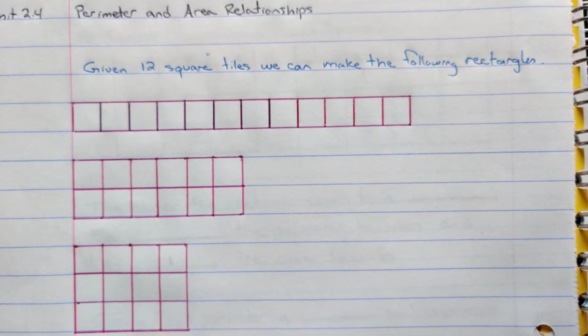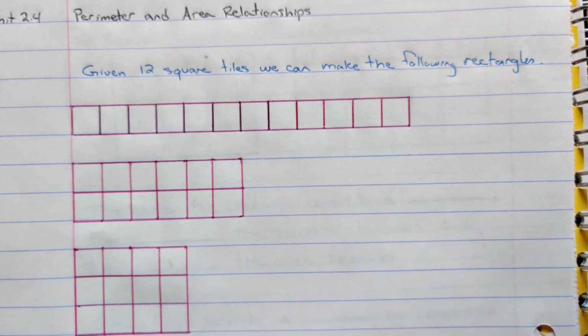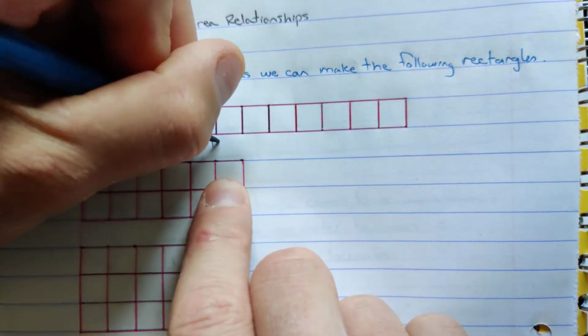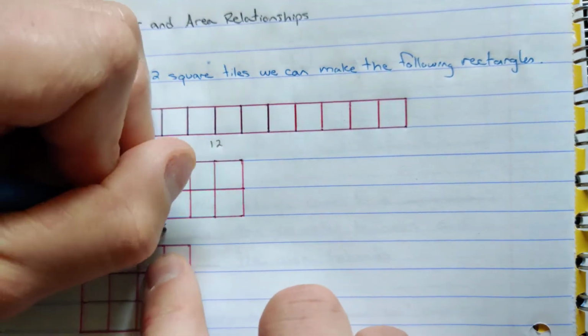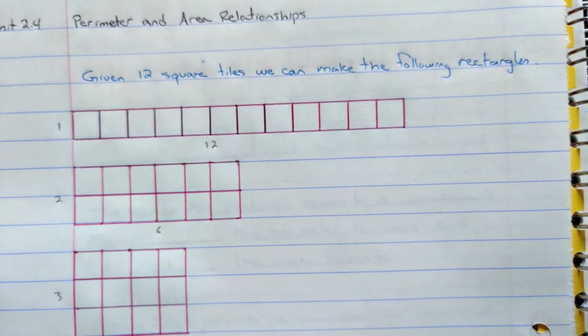Given the square tiles. If I was working with just a length of a certain length, then maybe I could do something different. But in this case, because we're working with these individual pieces that have a certain size, we can't reform them. So those are my different areas. I got 1 by 12, 2 by 6, 3 by 4.